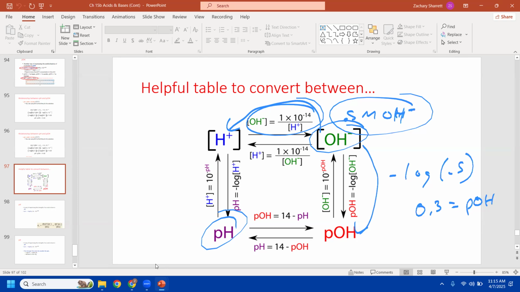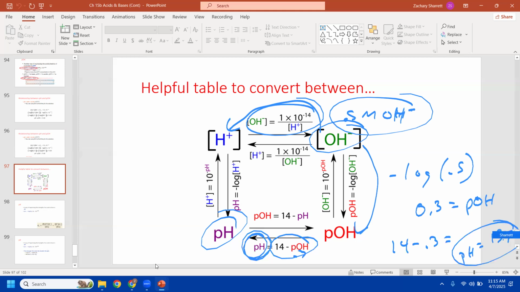Valerie, what can I do? Very good. Since I want to find pH, 14 minus pOH, which is 0.3, tells us that we have a pH of this 0.5 molar solution equal to 13.7.